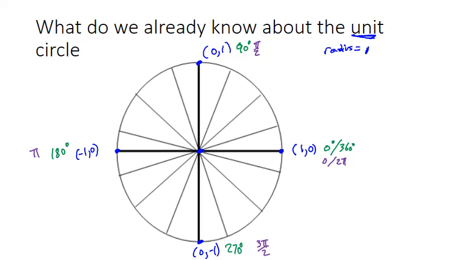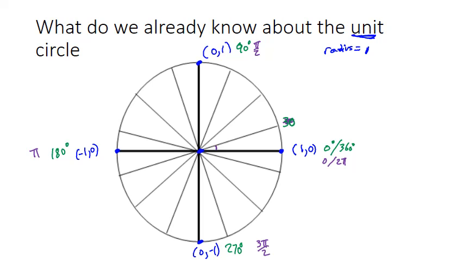We also found in a previous video the values in quadrant 1 using special right triangles. So as an example, the reference angle here was 30 degrees.